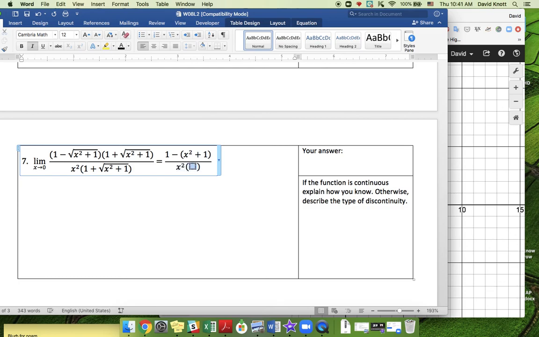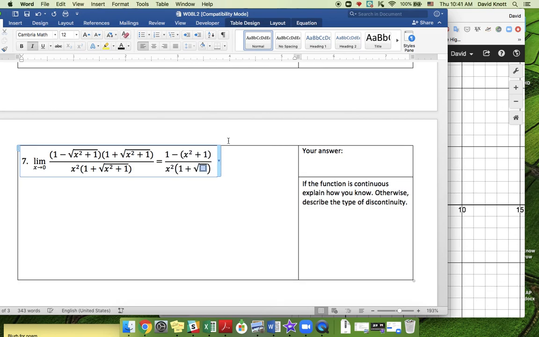Don't distribute. Every time you do one of these conjugate problems, you're going to have the product of a sum and a difference somewhere, either up top or down below. The product of a sum and a difference should be multiplied out because it gives you something nice: the difference of two squares. But the other part of the fraction, just leave it in factored form. Don't distribute this x squared. And you'll see why. In the numerator, if I distribute the minus sign to these two terms, the 1's cancel, and the whole numerator becomes negative x squared.